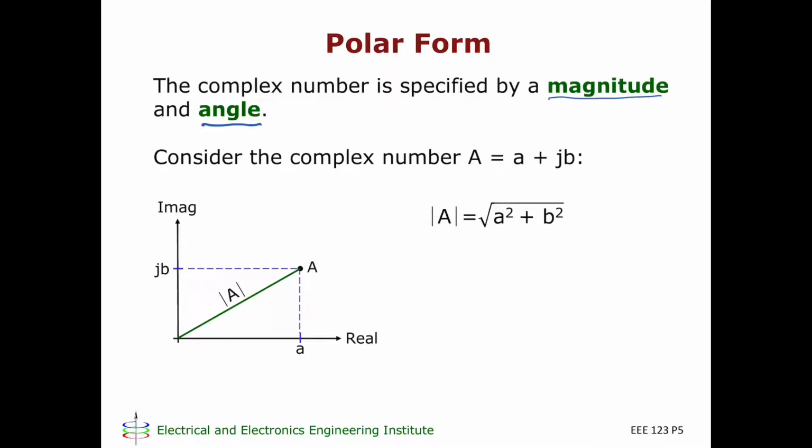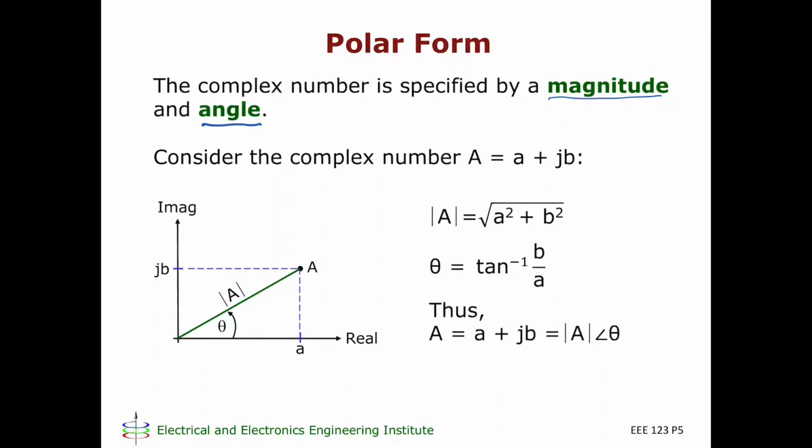The other parameter that we need to use to describe the complex number would be the angle that this line segment makes with the real axis, theta, and that would be equal to the arctangent of b over a.